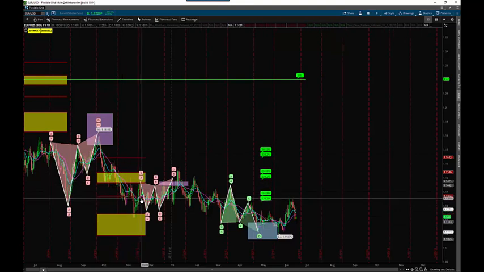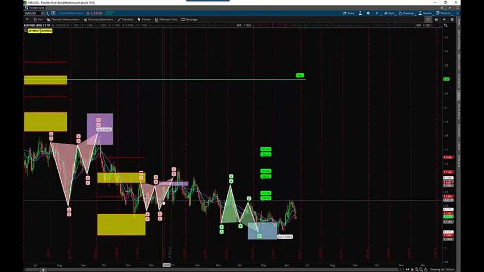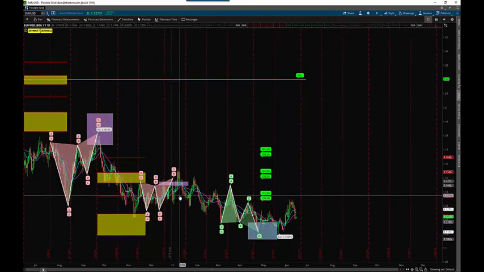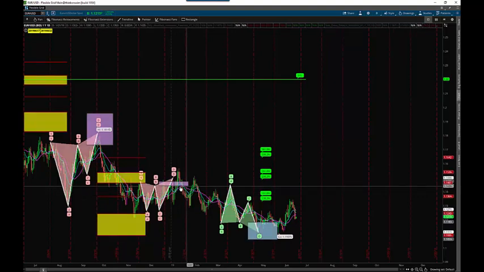But just look at this. You enter here, probably exit right there, and then enter back again. By the time you wait for the crossover, you have lost pretty much all of the profits, and you may end up bagging a few pips here and there, and that's pretty much it.